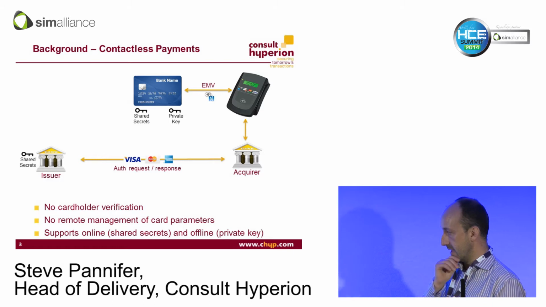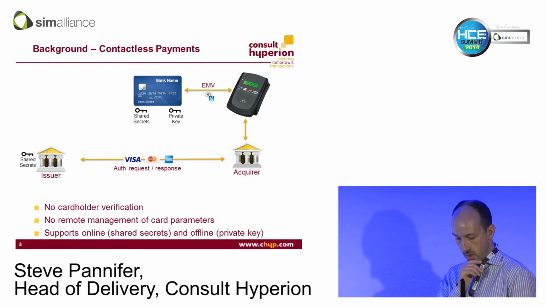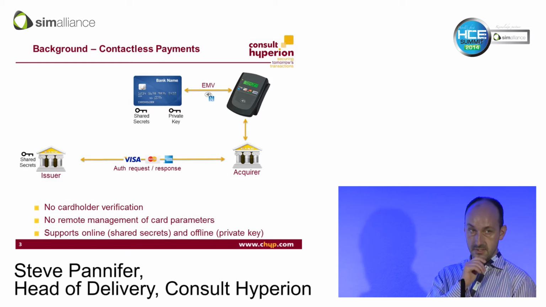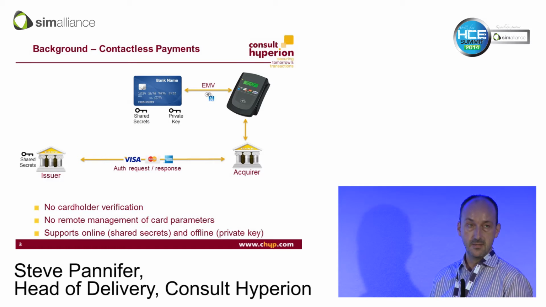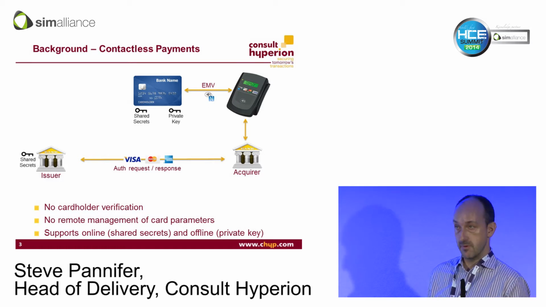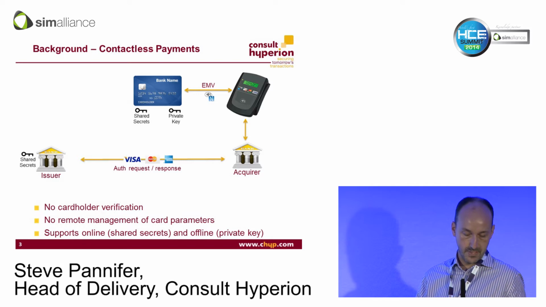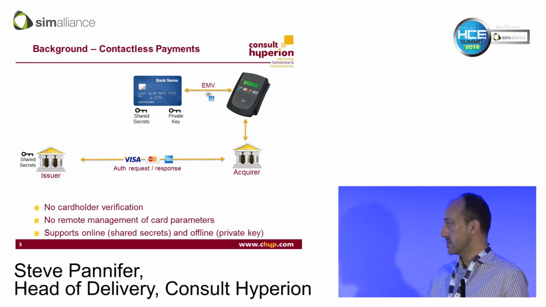This diagram here is a very dumbed down picture of a contactless payment. You've got a contactless card. Inside that card there are some secret keys that perform a couple of functions. Firstly, the card needs to be able to demonstrate to the issuer of the card that the card is genuine, and it does that using some shared keys, DES-based symmetric keys.